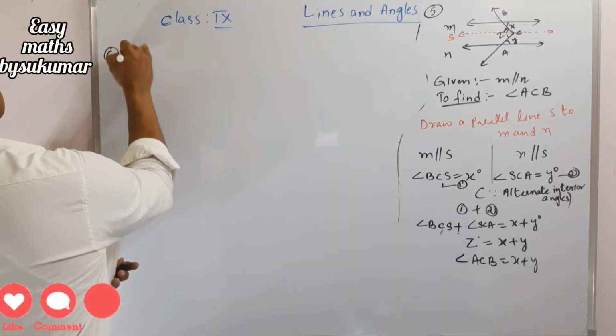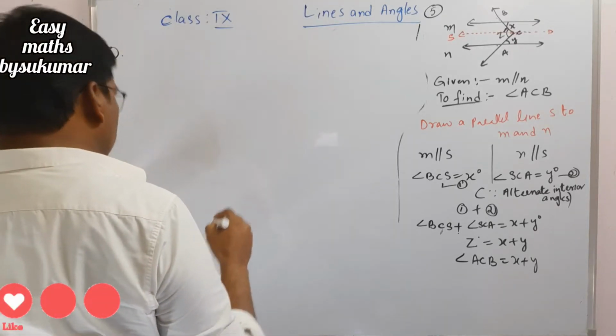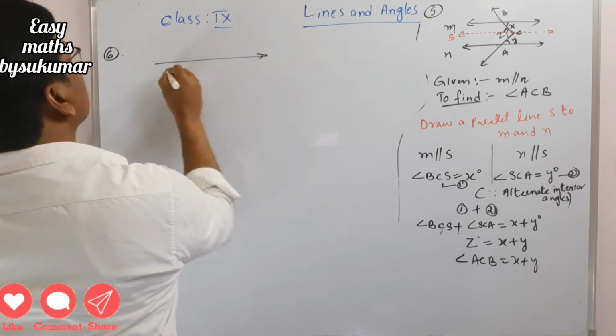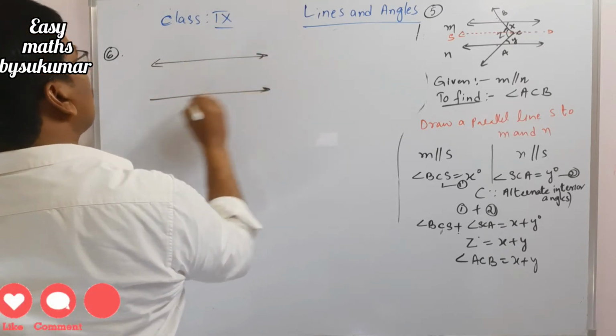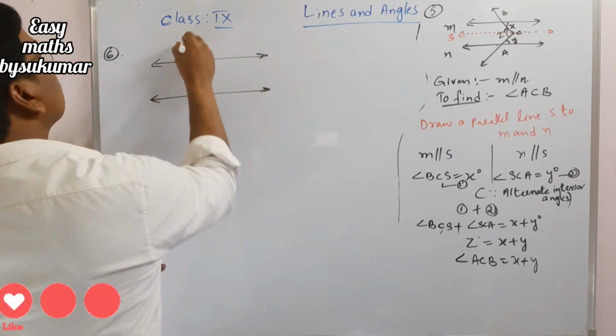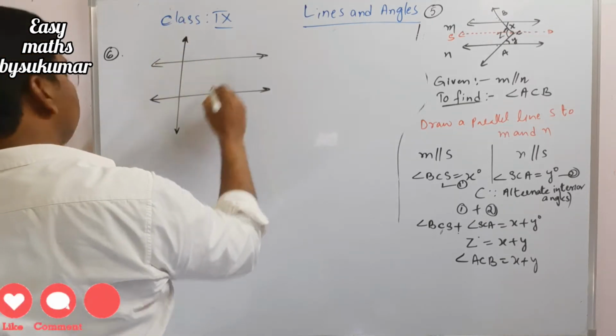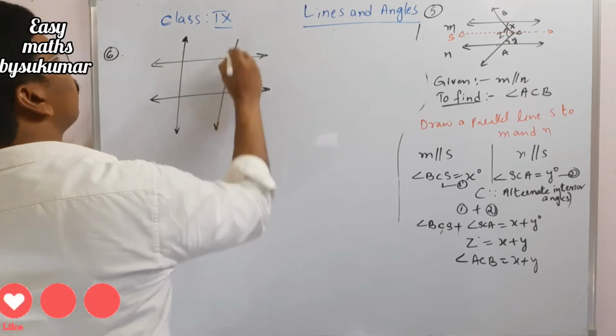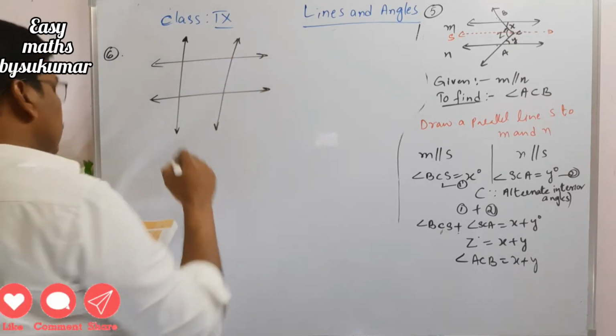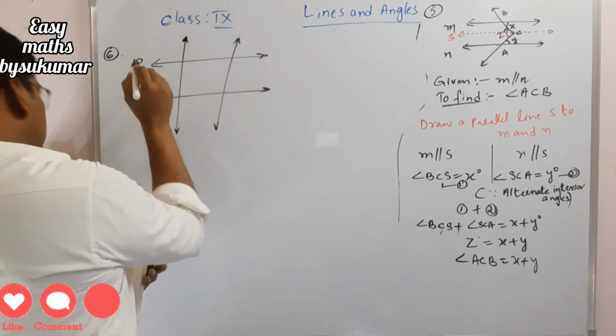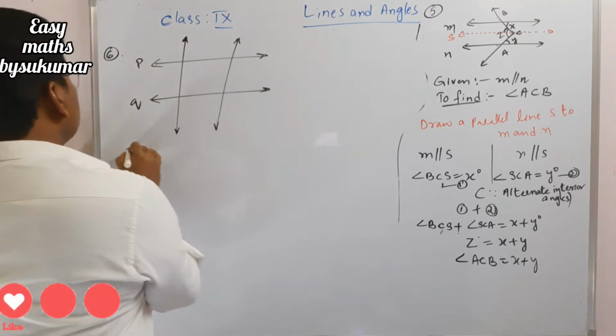Now coming to the sixth question, find the value of small a and small b. Right, P and Q are parallel to each other.